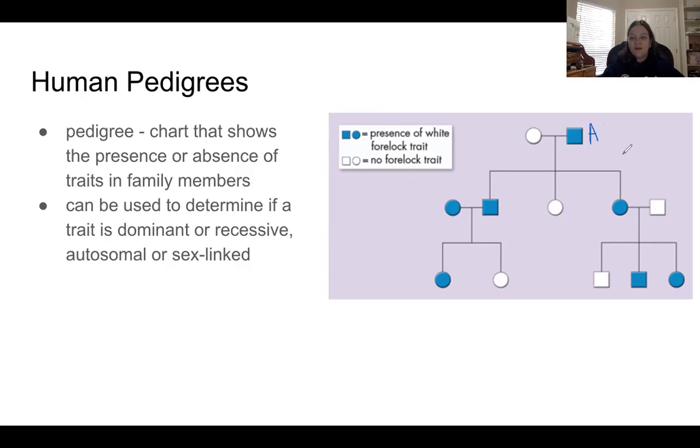So if granddad has it, he at the very least is a capital A, if it's dominant. And then grandma here would be little a, little a. So both of these would have to have a capital A, right?